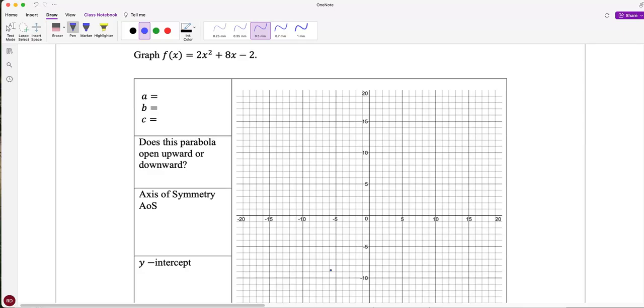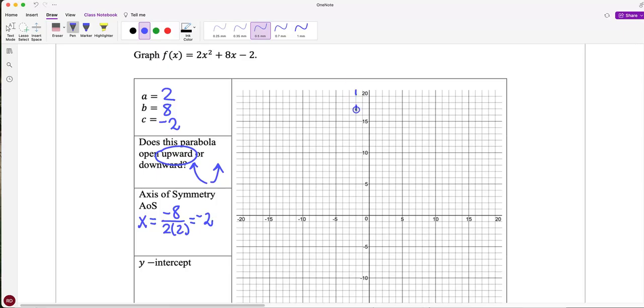2x² + 8x - 2. So a is 2, b is 8, c is -2. This parabola will open upward because a is positive. Axis of symmetry, x = -b over 2a. So this is -8 over 4, -2.